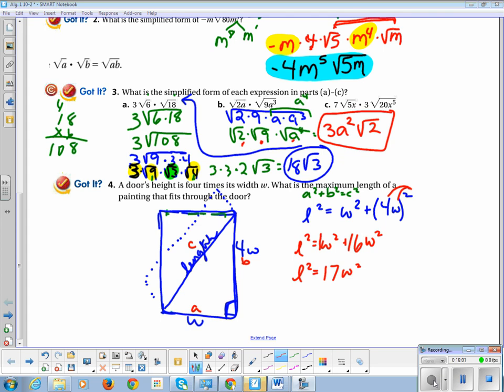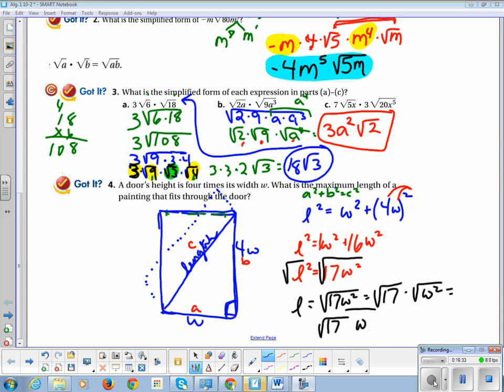And the maximum length is what I get when I take the square root of both sides. So in this case I get the square root of 17W squared. We know that's equal to the square root of 17 times the square root of W squared, and at the end of the day it's the square root of 17 times W.